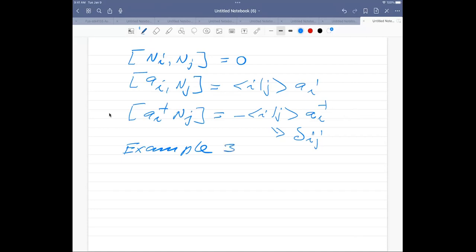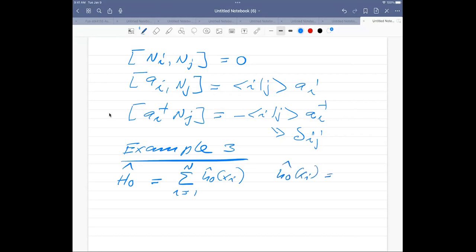So what I'm going to say now is that the operator H0, which we defined in the beginning of the semester, is given by the sum over one-body operators in first quantization. So this is i equal to 1 up to the number of particles, and this H0 of x_i is normally given by the kinetic energy.